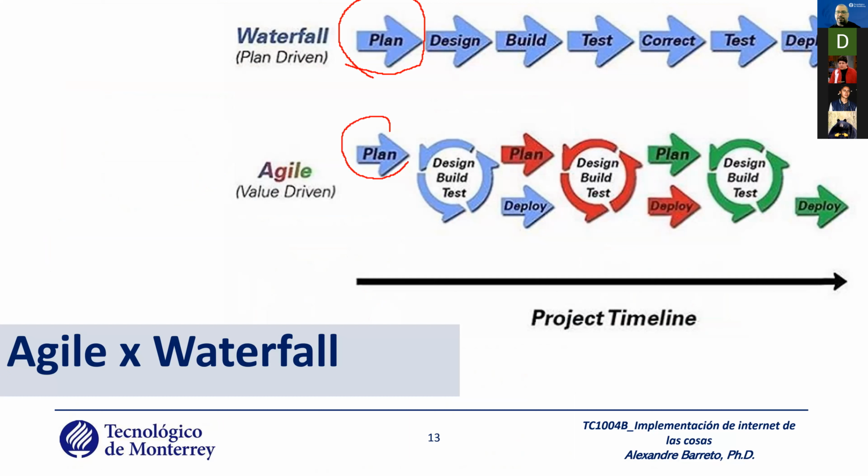You have a plan phase in Agile, but it's not as big as in the waterfall. In the waterfall, you follow strict phase by phase. In Agile, you have design, build, test, and you replan and deploy. Design, build, test, replan and deploy. All the time you deploy.